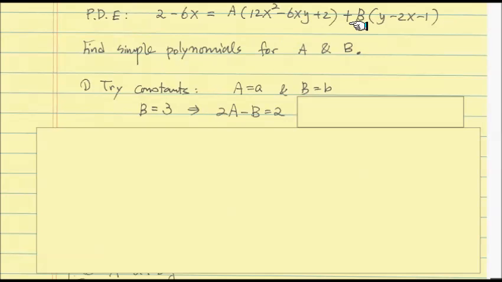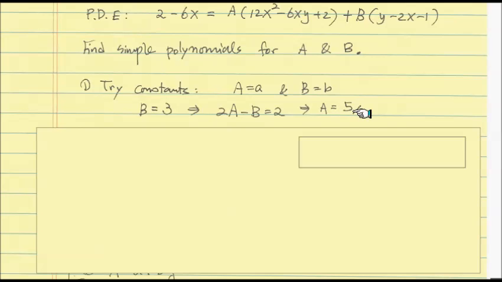That constant should work out as 2, so that's why 2A minus B has to be 2. It's pretty much like partial fraction decomposition. You have to look around and figure out quickly what those constants should be. Well, then capital A is 5 over 2, so that's what we have to figure out there, 5 over 2.